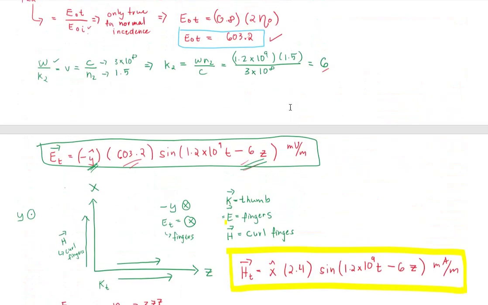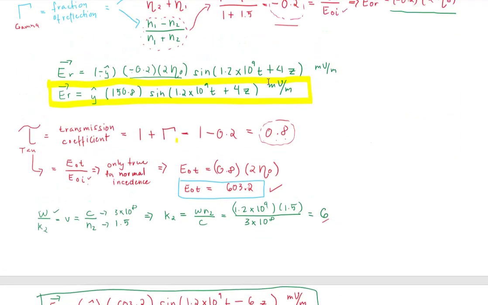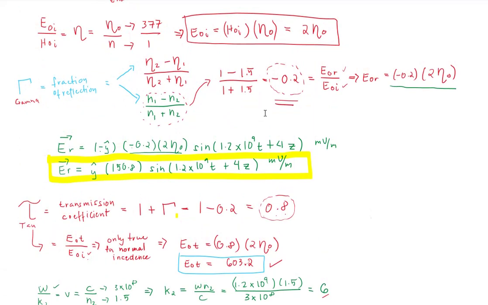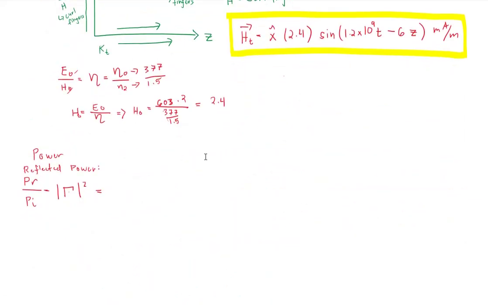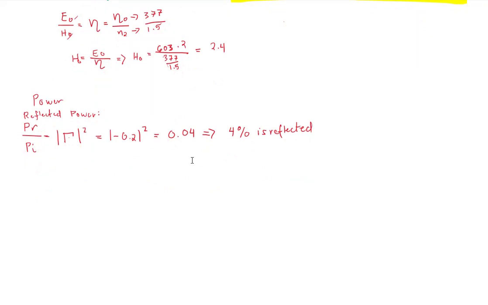And recalling our gamma, it's not that one, it's this one, negative 0.2. And negative 0.2 squared is just going to be 0.04. And what that means is that 4% is reflected. Alright. Now if 4% is reflected, that means that 96% is transmitted.